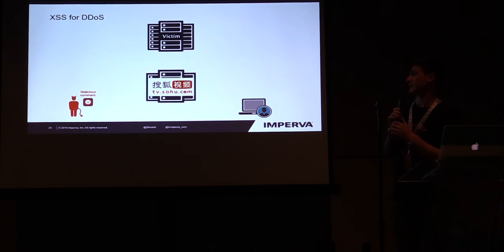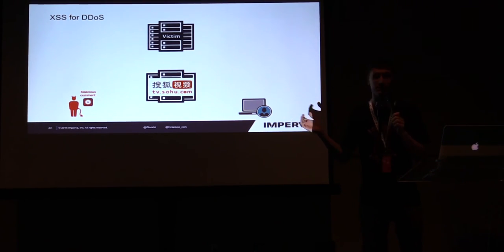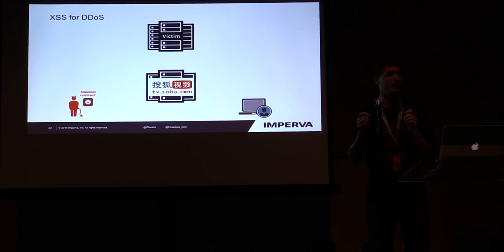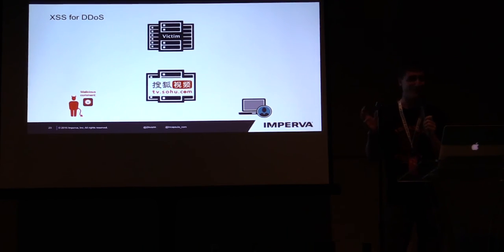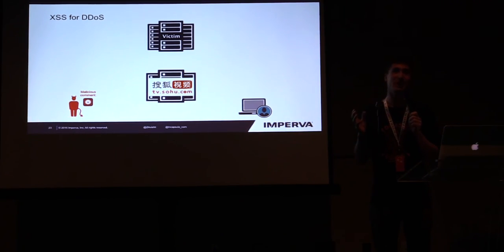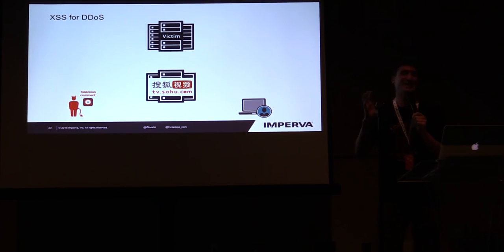The XSS vulnerability was in sohu.com. You might have never heard about this site, but by then it was number 27 in the Alexa ranking, number 8 in China, of course. So it's a Chinese platform, very, very popular there, that is used for streaming video content.